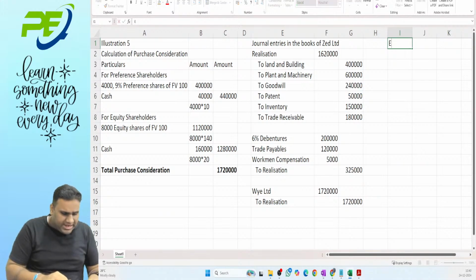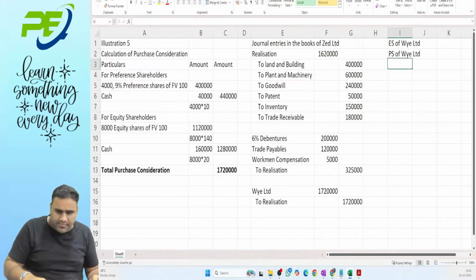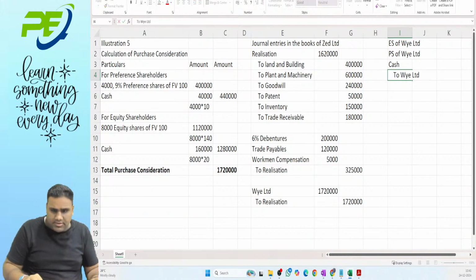So we are receiving equity shares of Y Limited, preference shares of Y Limited, and cash from Y Limited.